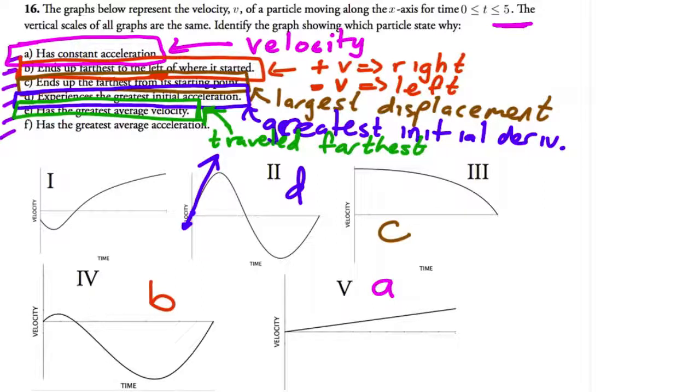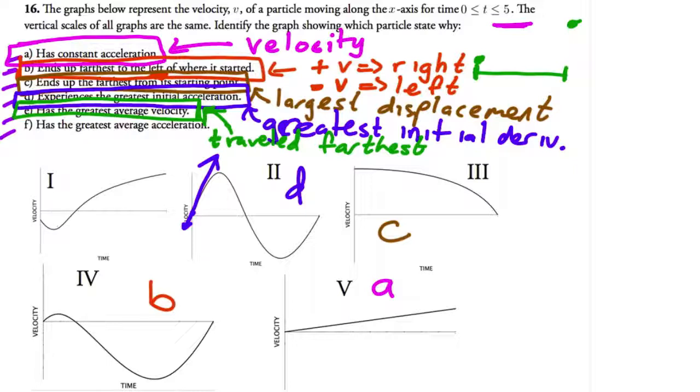Those two are the same, because if you think about it, that makes sense. If your time interval is the same for all of them, then the average velocity is the slope of the secant line between the starting point and the ending point of all of these functions.